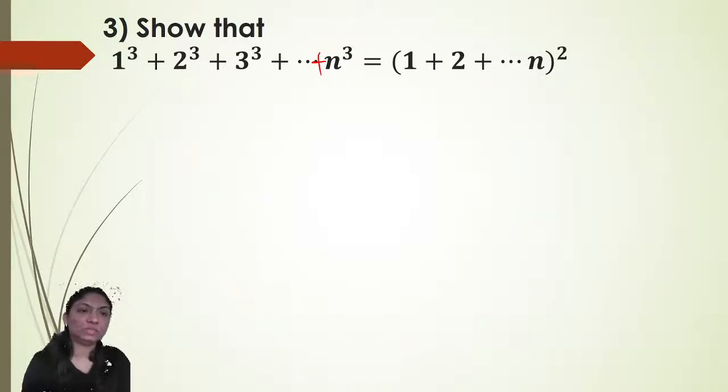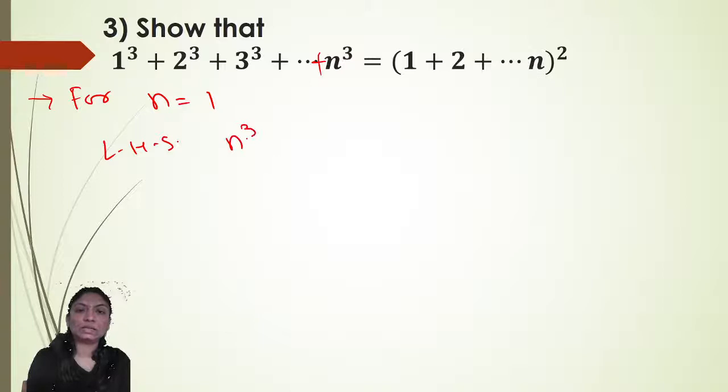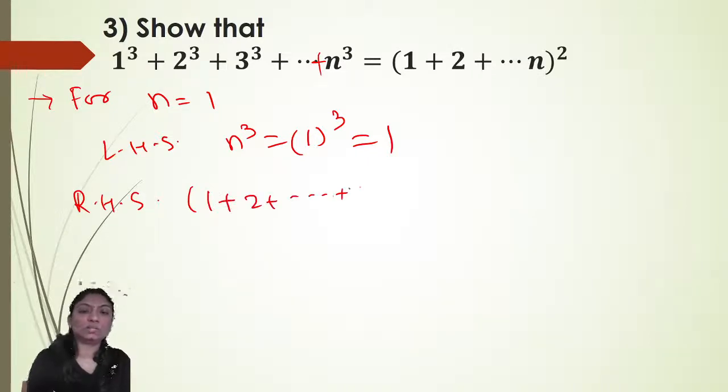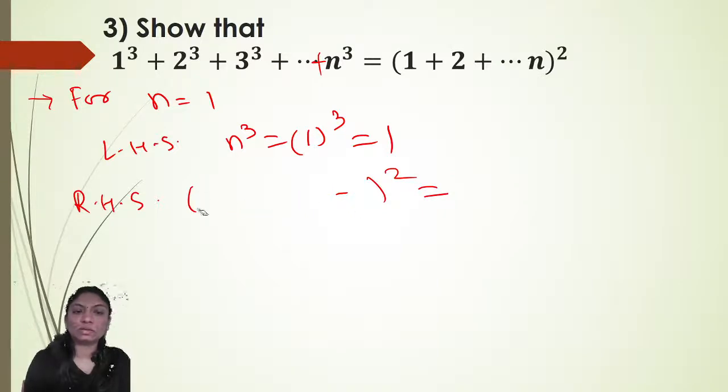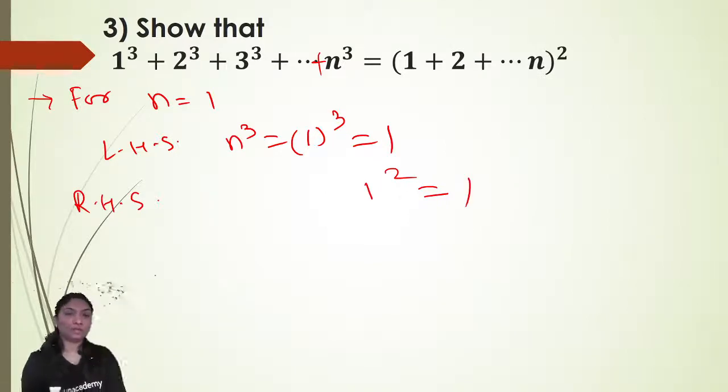First, for n equal to 1, LHS equal to 1 cube, equal to 1. The RHS is (1 plus 2 plus and so on plus 1) square, equal to 1 square, again 1.